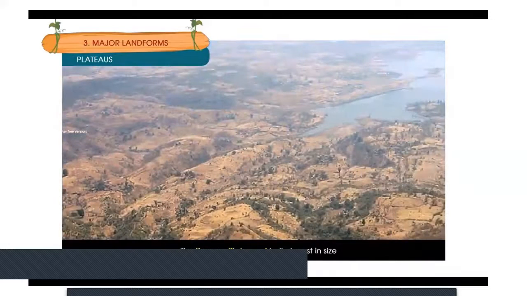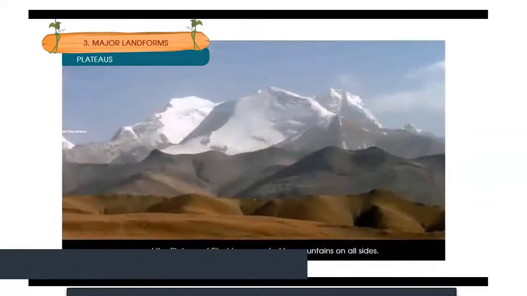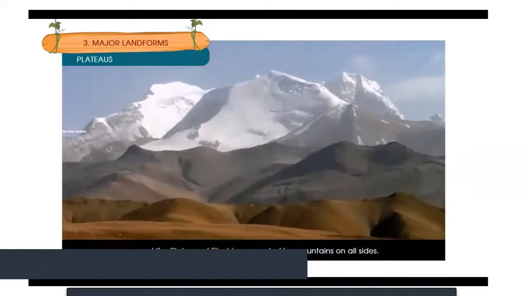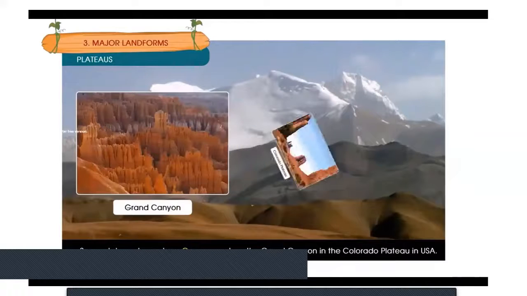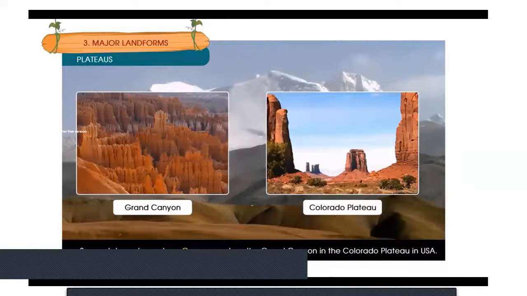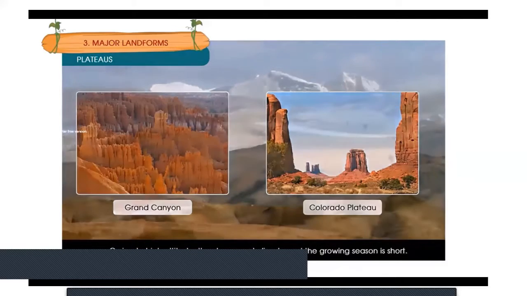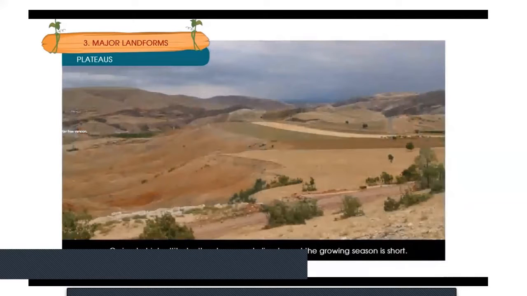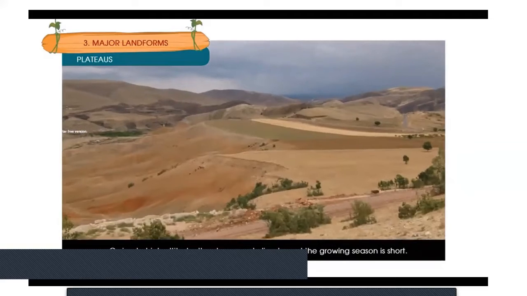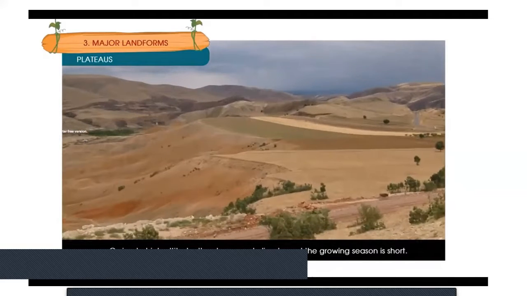The Deccan Plateau of India is vast in size, and the Plateau of Tibet is surrounded by mountains on all sides. Some plateaus have deep canyons, such as the Grand Canyon in the Colorado Plateau in USA. Owing to high altitude, they have cool climate and the growing season is short.